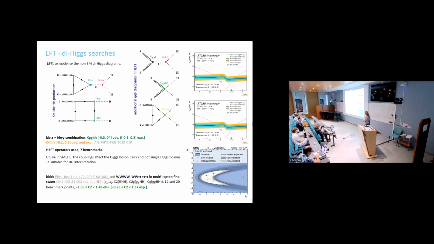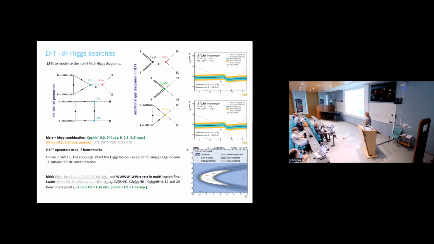Now, EFTs are very useful for the Higgs searches to search for non-resonant production, so you can mimic additional non-standard model interactions with these operators. This is done with HEFT operators, which are useful since they couple the di-Higgs pair up to single Higgs bosons.